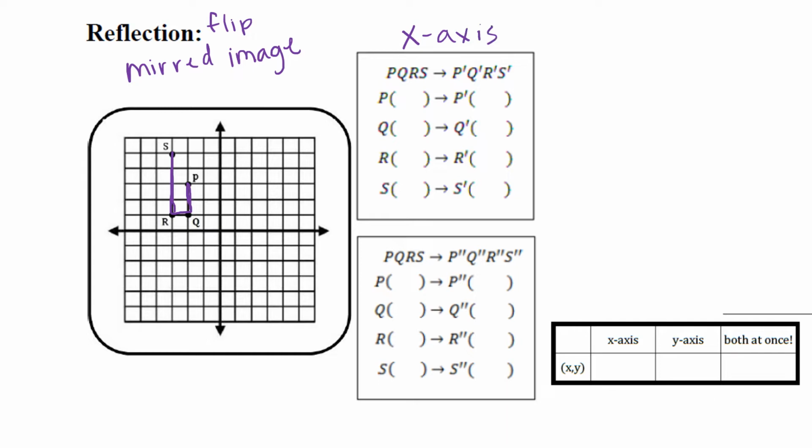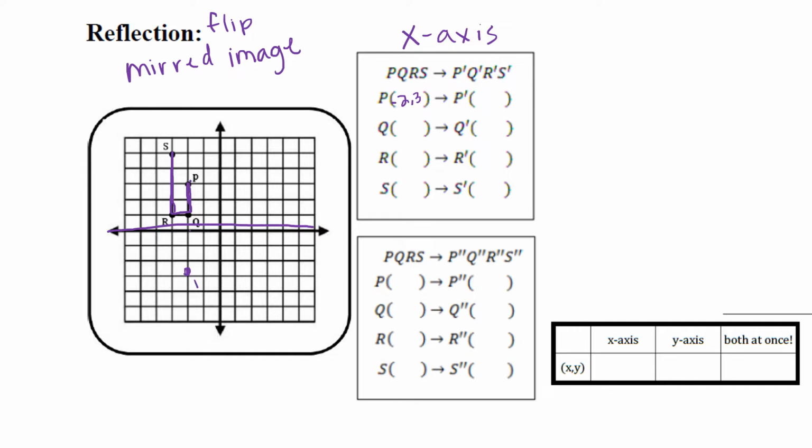Okay, so I'm starting with the point P. If we look at the point P, the coordinates of point P are -2, +3. So I'm going to write that in here for -2, and I went up 3. If I take P and I go over the x-axis, since the x-axis is my horizontal axis, right here, it's 3 up from the x-axis, so now I need to go 3 down from the x-axis.